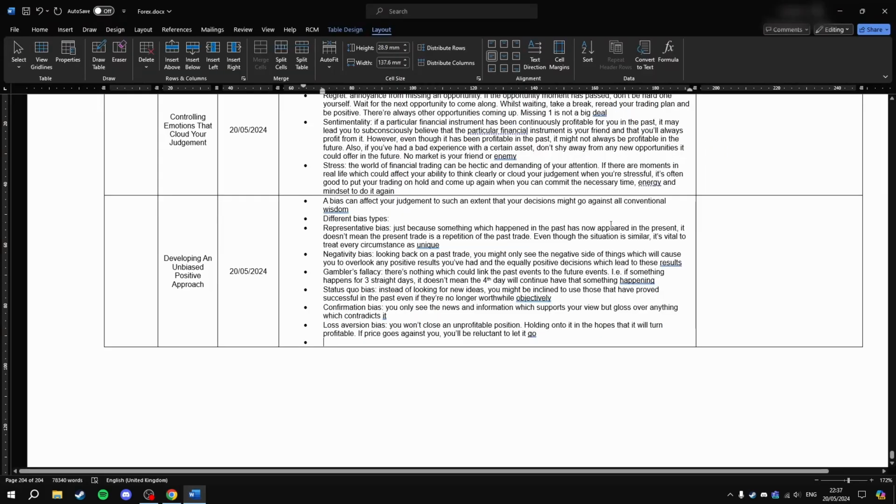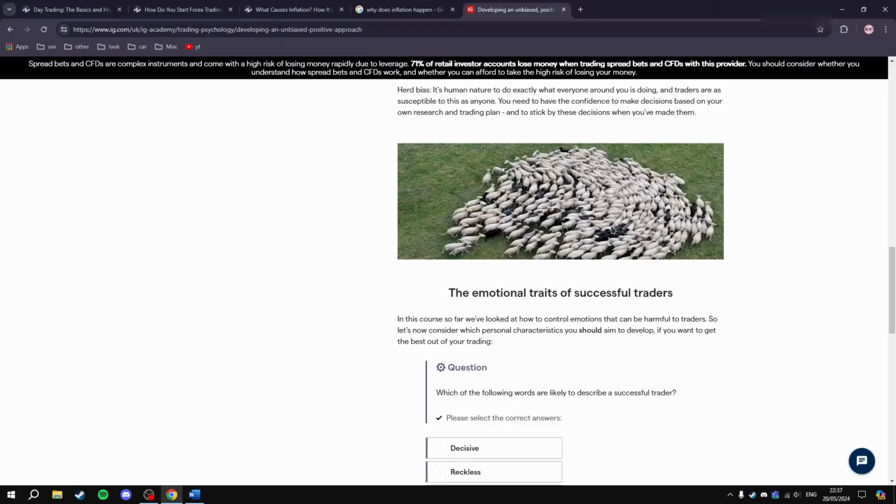Herd bias. It's human nature to do exactly what everyone around you is doing, and traders are as susceptible to this as anyone.